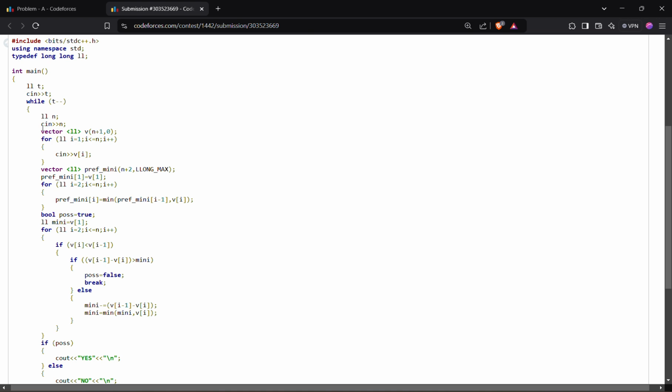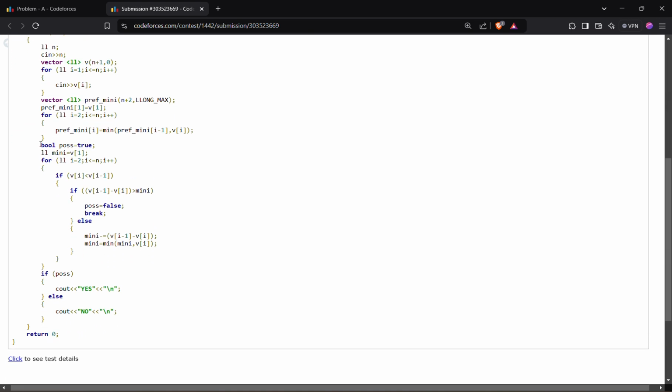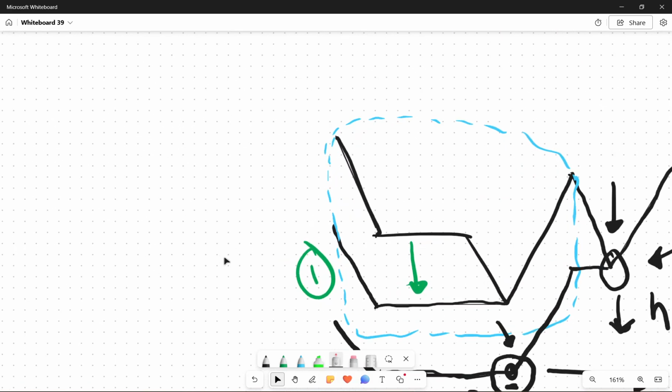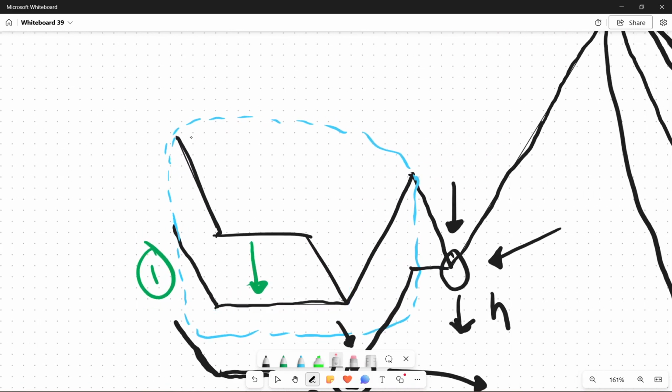And yes, taking the input and initializing a bool, possible, equal to true, and initializing mini equal to v of 1 and starting from 2. And remember, why are we starting from 2? Because we want to ignore this initial height difference. So the initial dip, we want to ignore this part right here. That's why we are starting from 2.